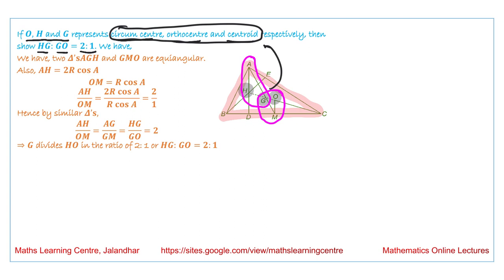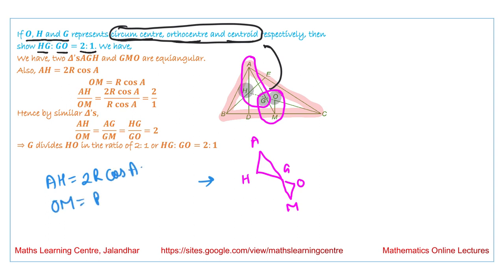So this is one triangle we have, HAG, and this is another triangle that we have, this is O and this is M. For these two triangles, we are writing AH is equal to 2R cos A, OM is equal to R cos A. So if we divide both these values, the answer we obtain is 2:1.